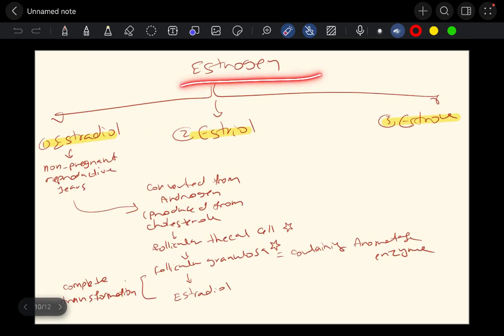Here we have three forms of estrogen: estradiol, which is common in non-pregnant reproductive years, estriol, common in pregnancy, and estrone, common in menopause.